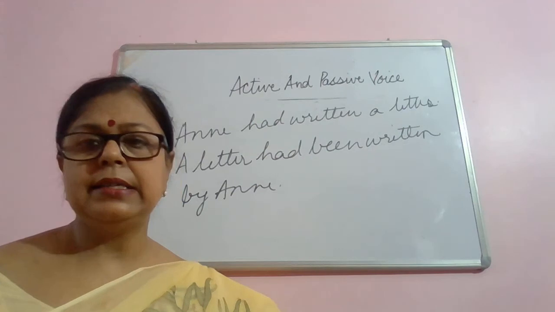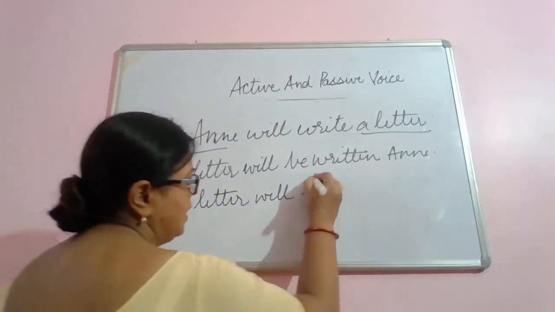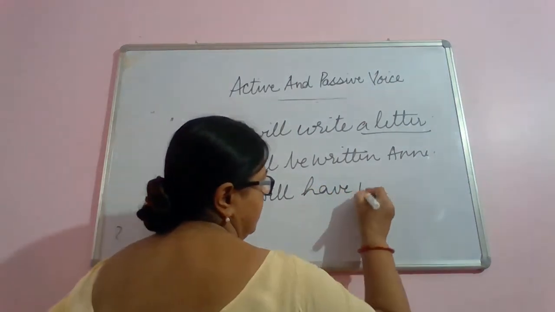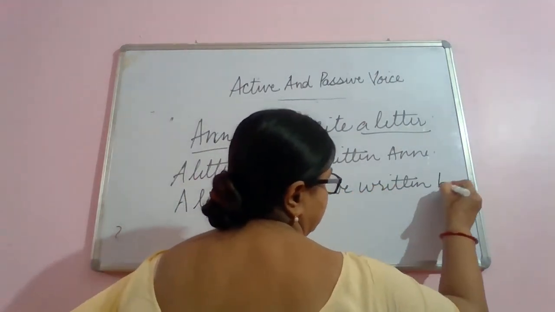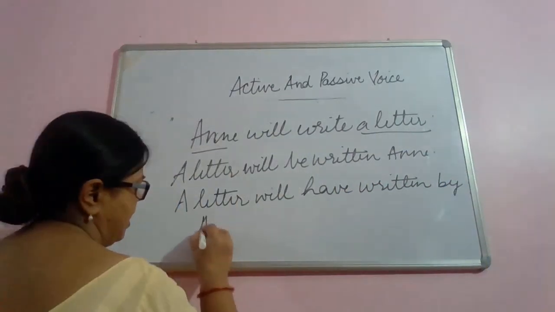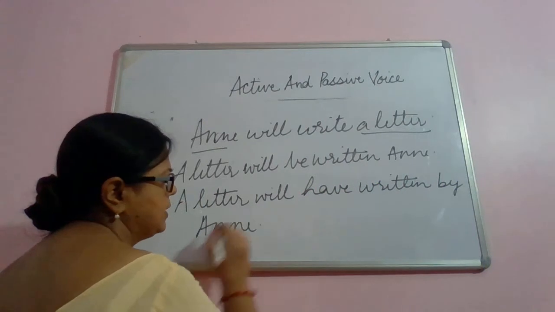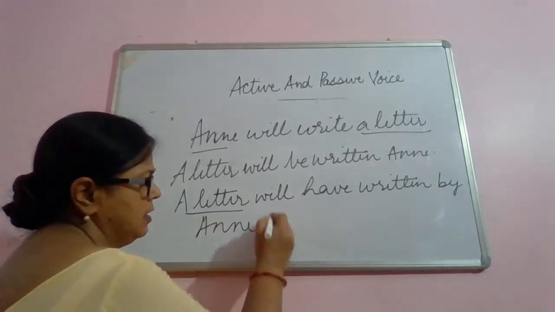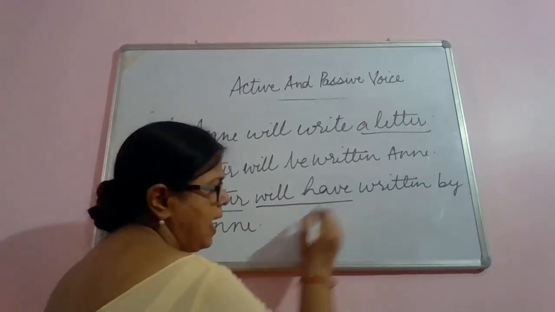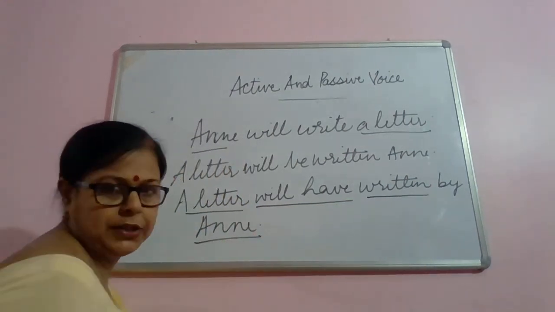Now, let us come to future. Anna will have written a letter. What is the structure of future perfect? Subject plus will, shall, have plus V3 plus object.